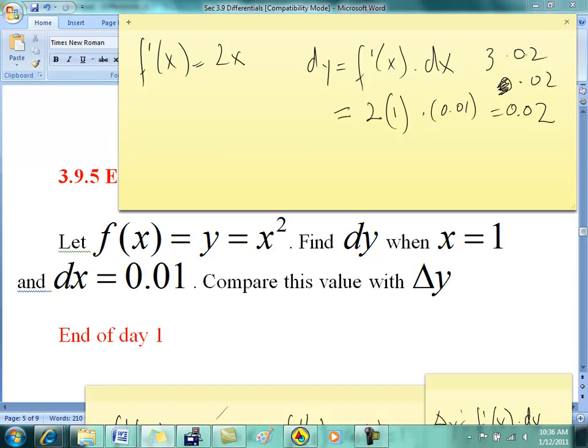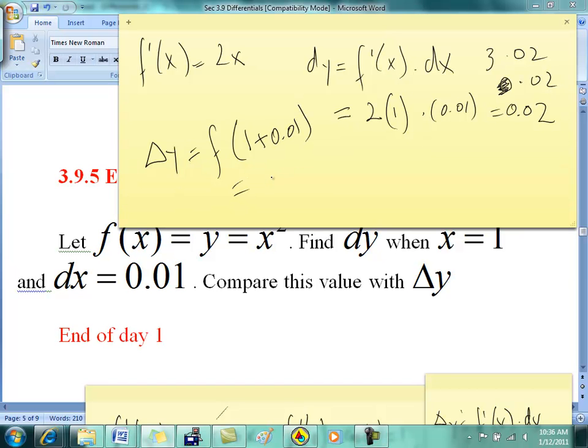So now I need to get delta y. I want to get delta y, which is what? The approximation or the real thing? Nice. So I'm going to put it in my function because that's my real thing. And my x was equal to 1, and I move the point horizontally by 0.01.